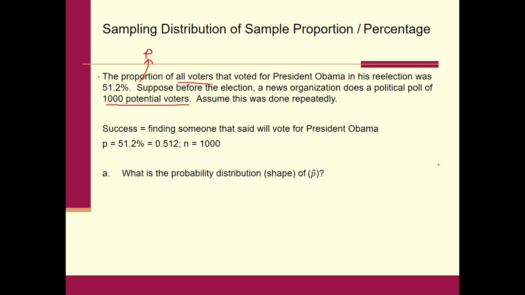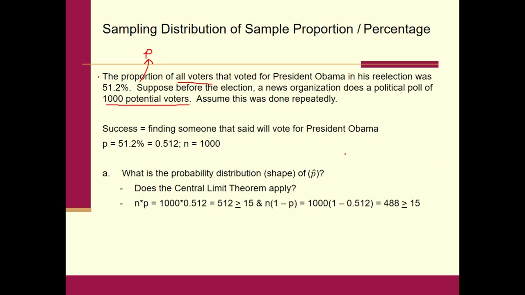So what is the probability distribution of P hat? We have to make sure that the central limit theorem applies. So if you put your calculations into the calculator, you'll see that both of these apply. N times P is equal to 512. That's greater than or equal to 15. N times 1 minus P is 488.